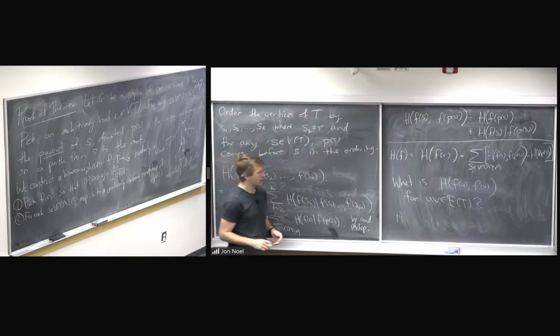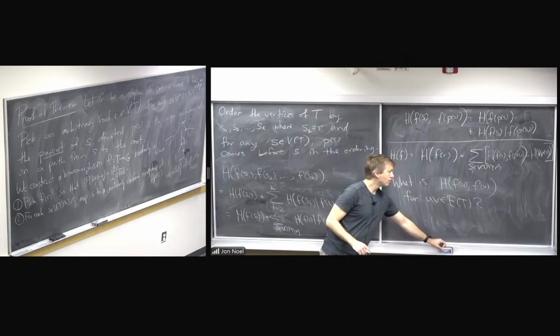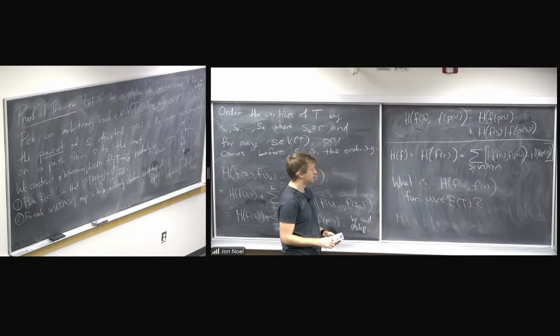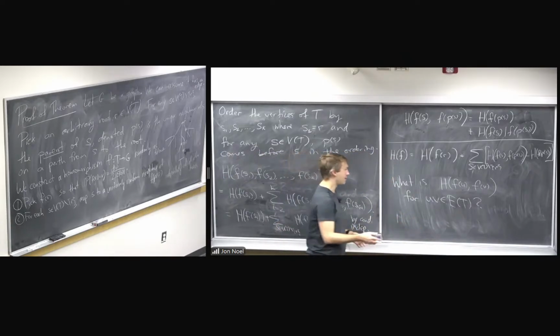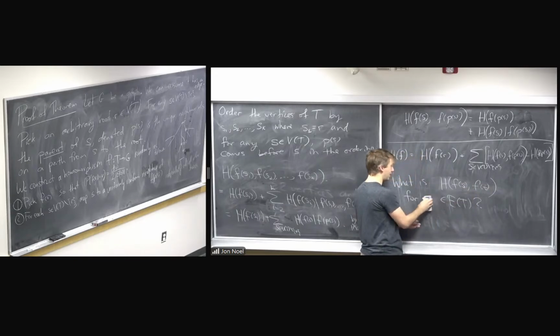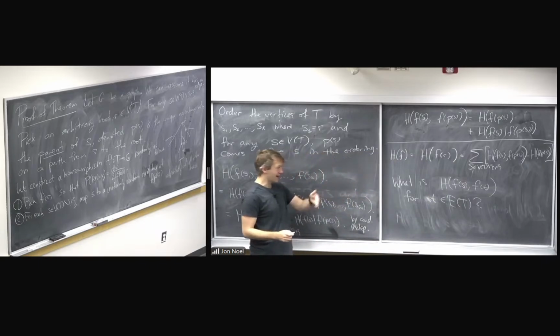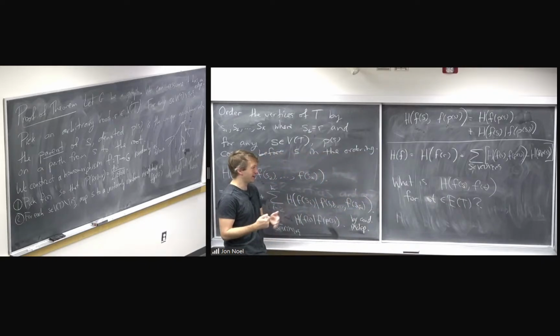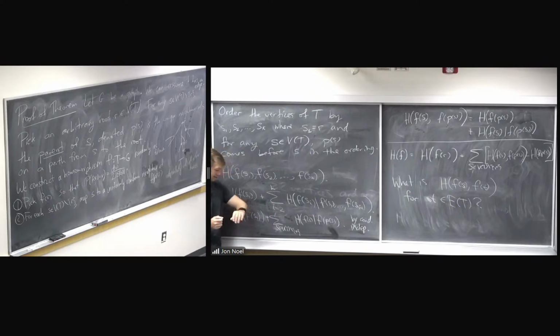Maybe let's call these vertices S and T. I want to be consistent and use U and V for vertices of G and S and T for vertices of T, but anyway, sorry about that.